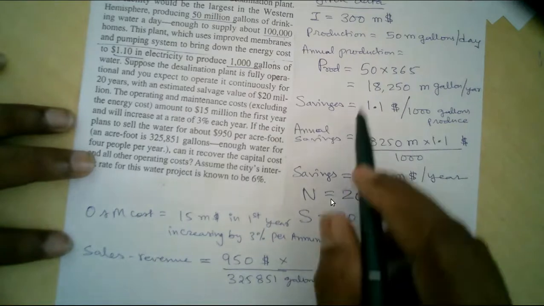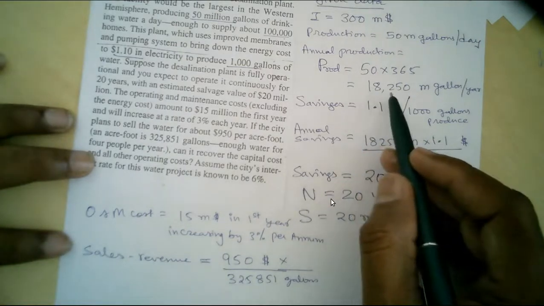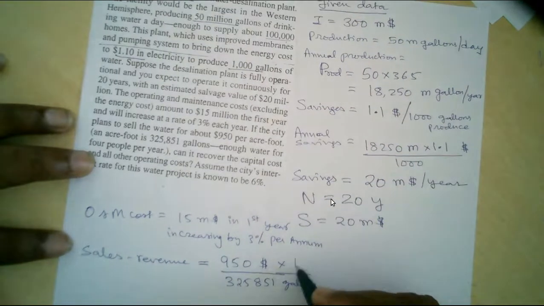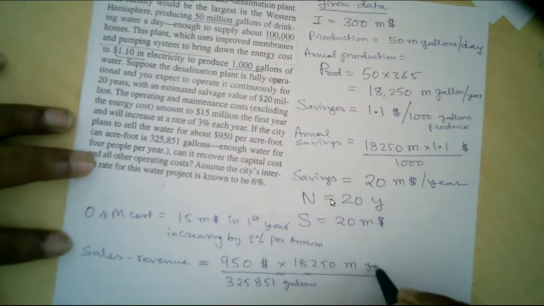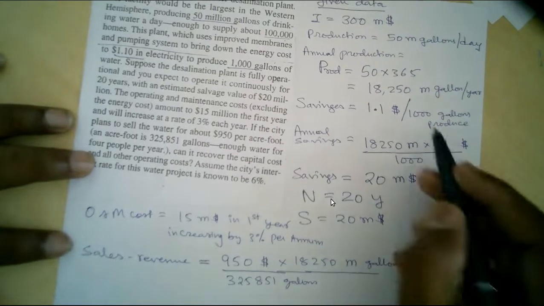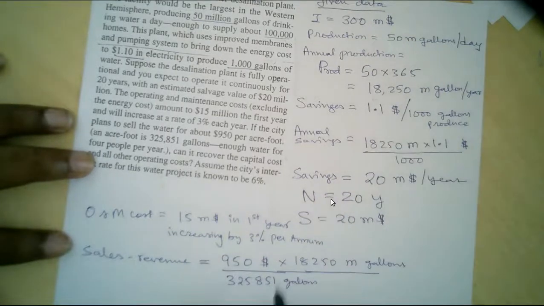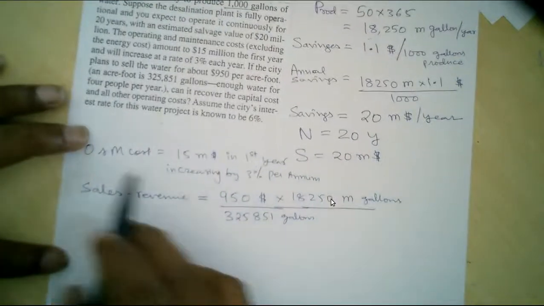What is the total annual production? Here we have 18,250 million gallons, the annual production which we calculated, and I am using it here. So this is my revenue.